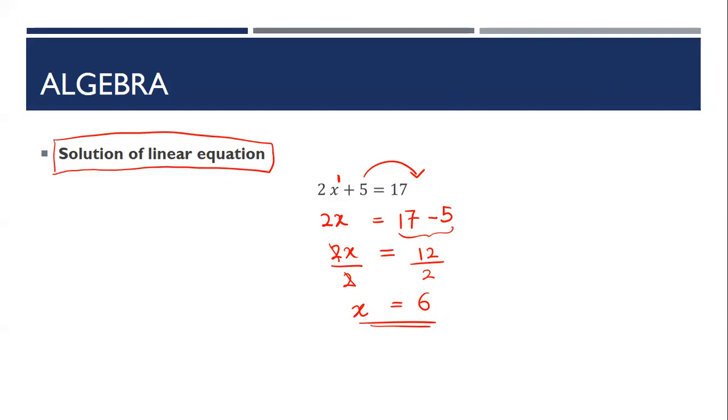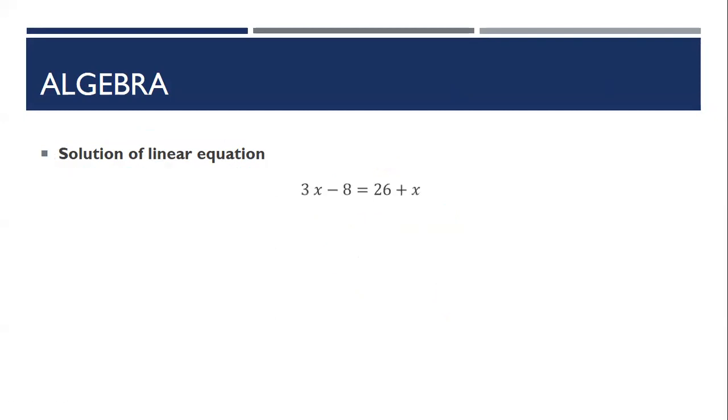And shall we move on? Okay, this is our second one. 3x minus 8 is equal to 26 plus x.